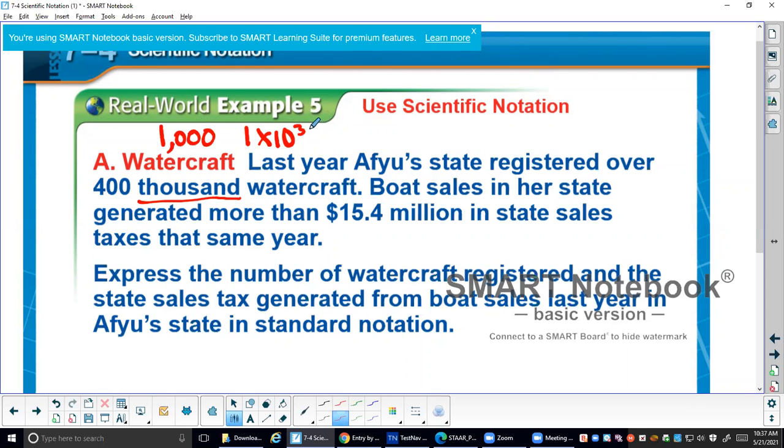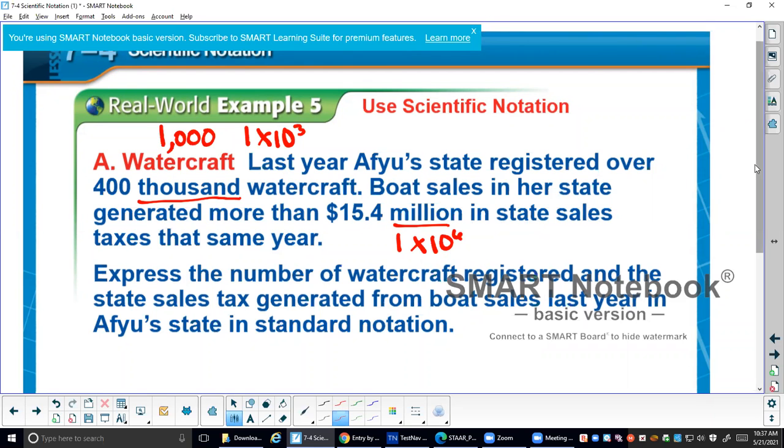And notice how the exponent of 3 corresponds with the number of zeros, yes? If I have 1 million, that's 1 times 10 to the power of how many zeros is 1 million? 6. If they said billion, what would my exponent be there? 9, okay? Just think of how many zeros you have now.